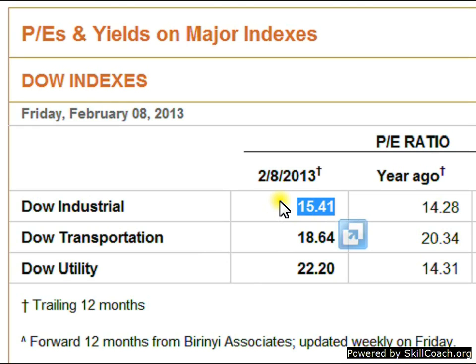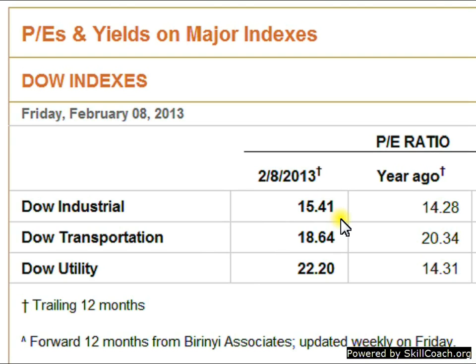My answer to both of those is no. I think instead multiple contractions are looming, and the Dow Jones Industrial Average deserves to be at a much lower price-earnings multiple given what looks like a very slow economy in the year ahead as well.